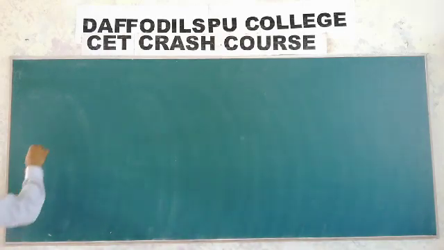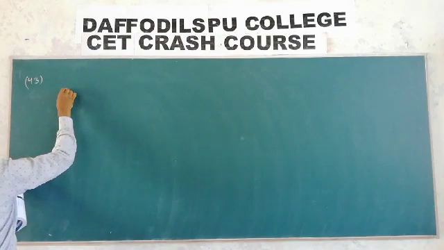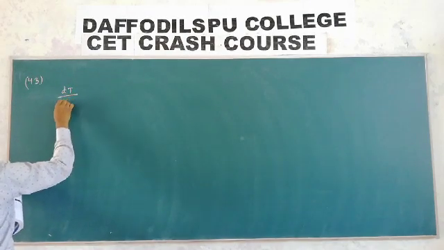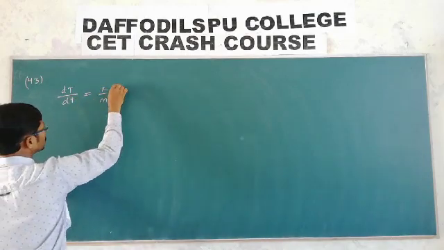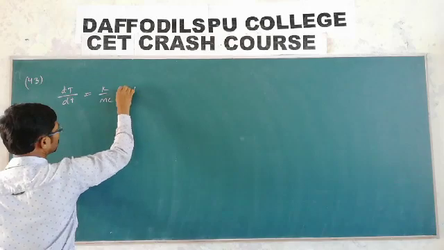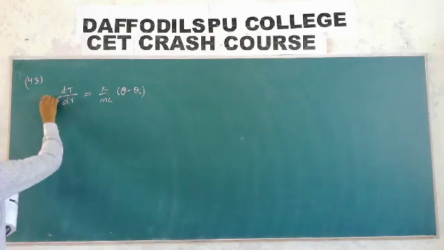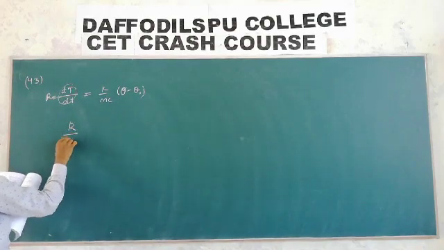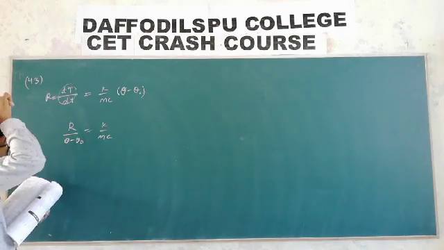You know this already. The rate of loss of heat, dθ by dt, is equal to some constant k by mc into θ minus θ naught. This is nothing but R, the rate of loss of heat. Then R by θ minus θ naught is equal to some constant by mc.